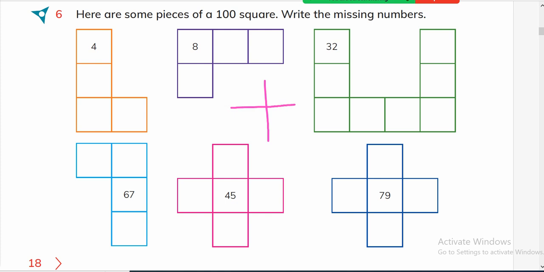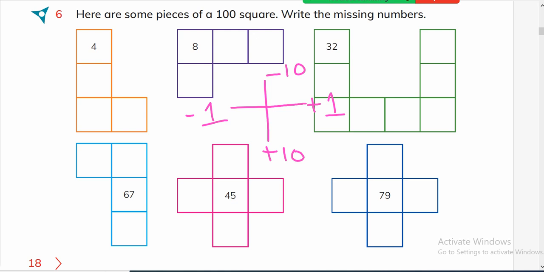Here is a very simple rule of these puzzles. Draw a plus sign and write minus 10, plus 10, minus 1, plus 1. Okay, it means that when we go upwards, we have to do minus 10.